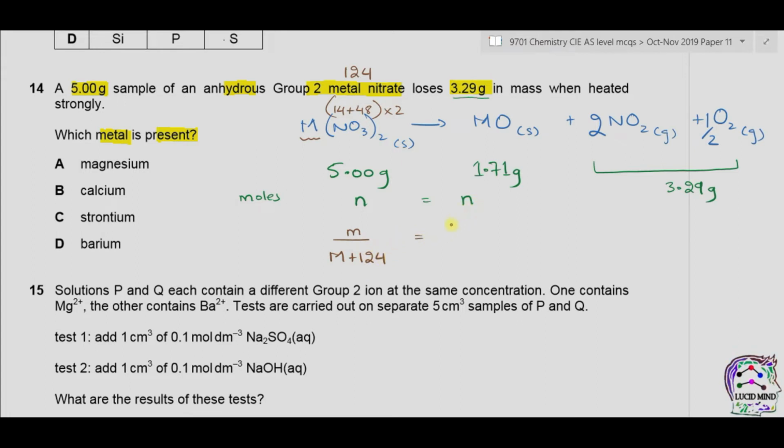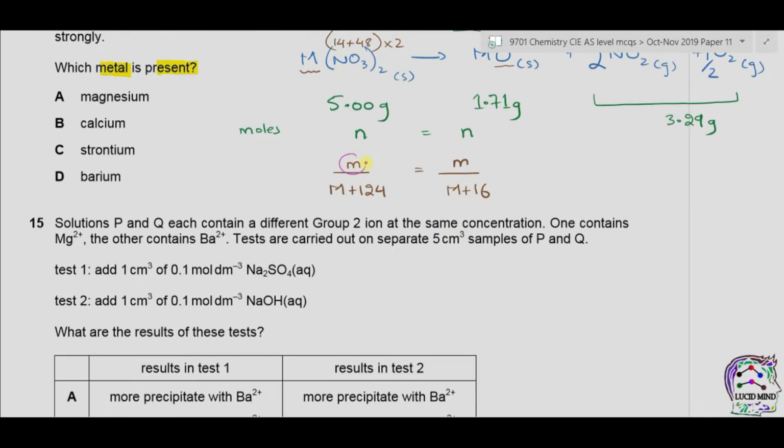Similarly on this side the number of moles is equal to mass in grams divided by molecular mass. We just have 1 oxygen atom, so the molecular mass is M plus 16. The mass in grams is given, which is 5 grams for this compound and 1.71 grams for this one.